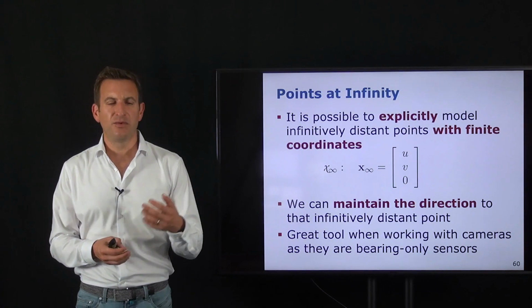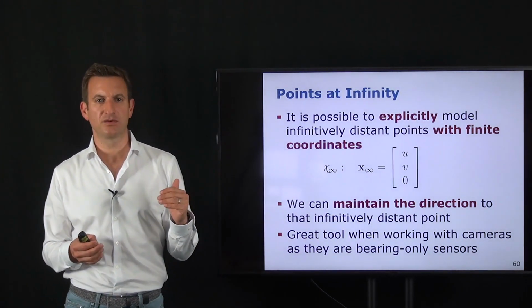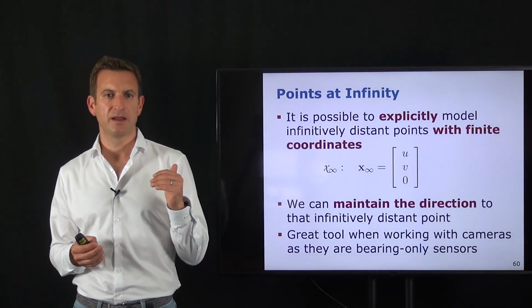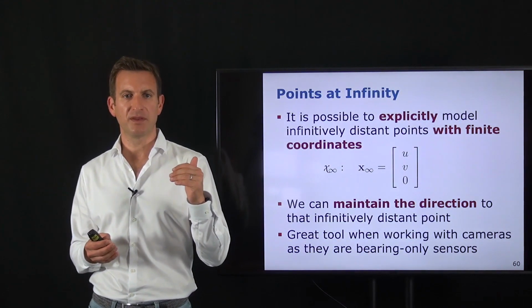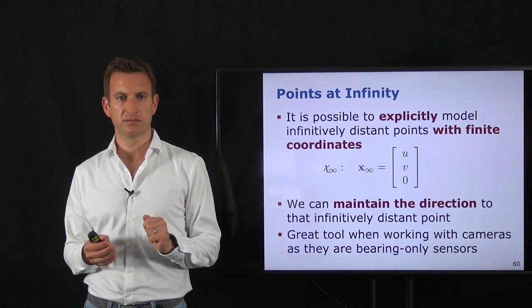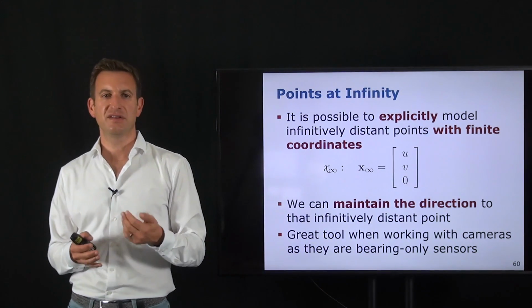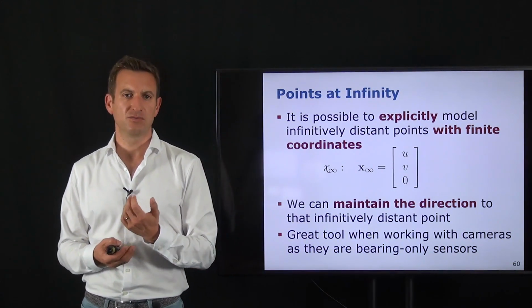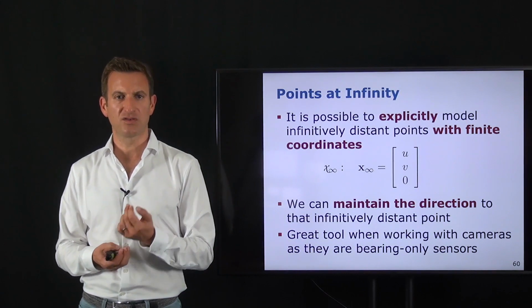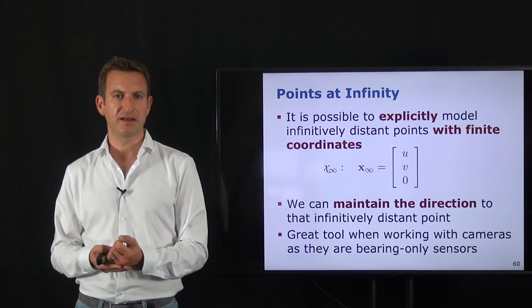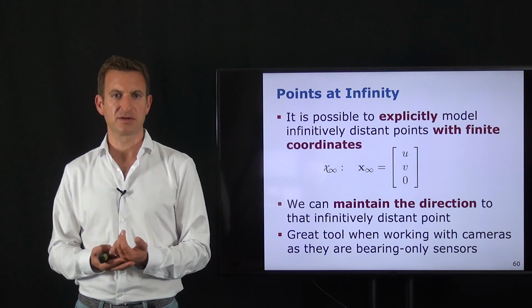So we have seen before that the last component of this homogeneous vector is important, and if it is 0, like in this case over here, this is an element which cannot be represented in Euclidean coordinates, at least not with finite values for the other dimensions.